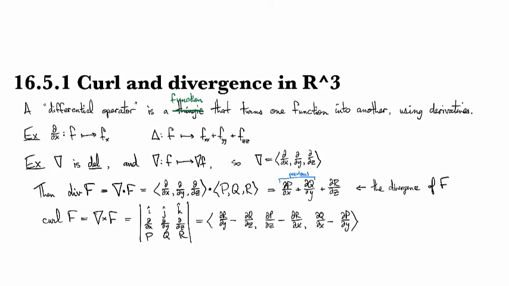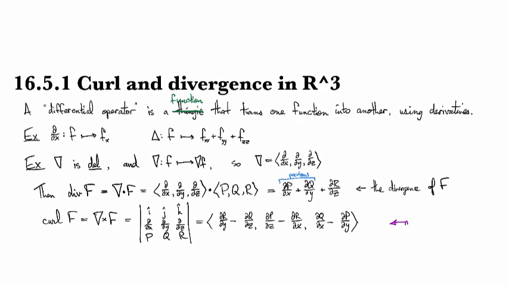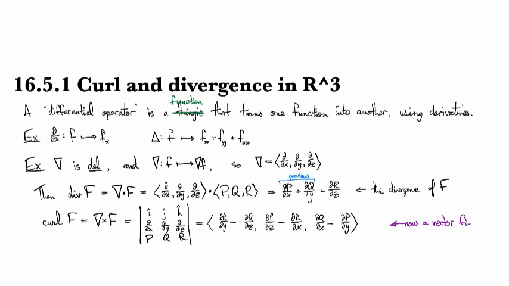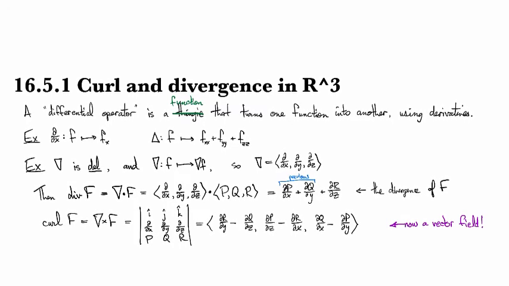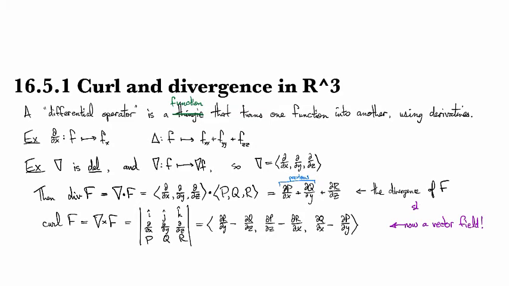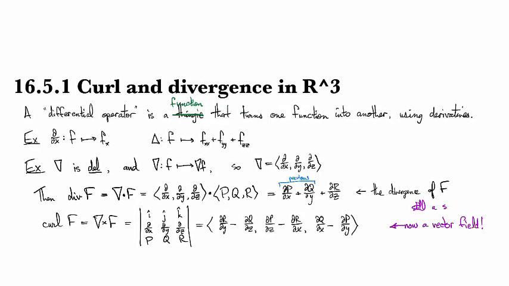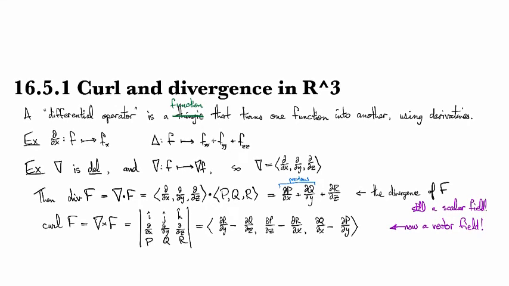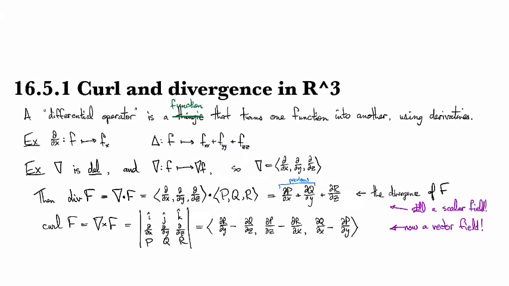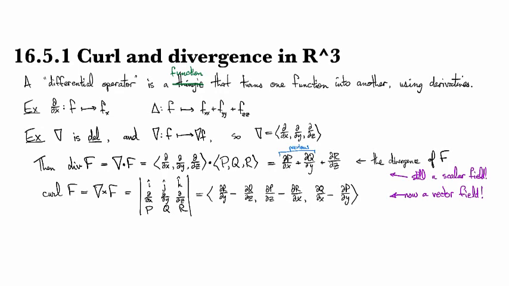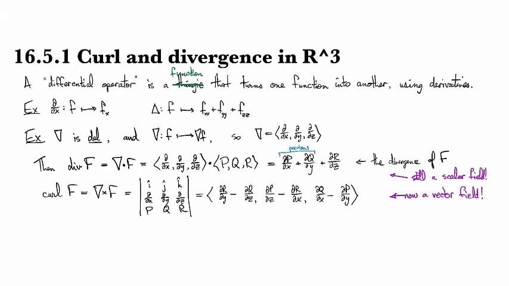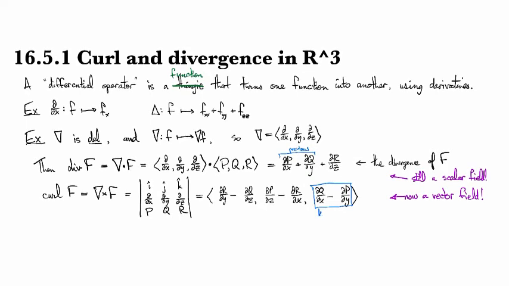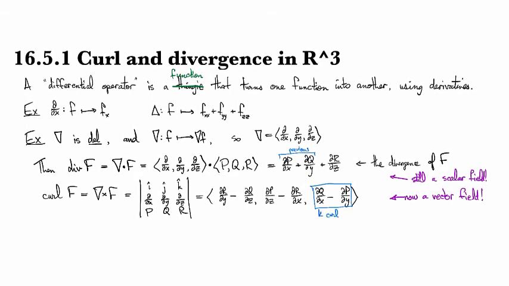Now notice that this guy is now a vector field. It's got three components, as opposed to the divergence, which is still a scalar field, just like it was in R2. This portion right here is what we call the k-curl, and now you can see why.